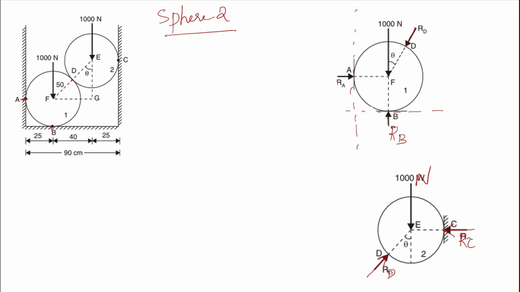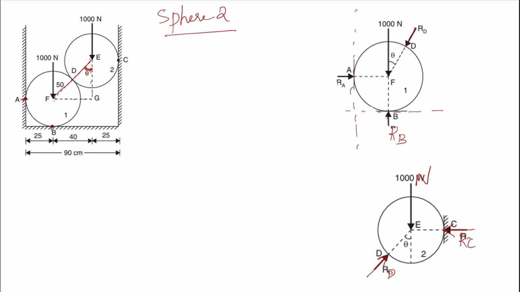Look at this figure, this is the direction of the RD force, right? We are making a right angle triangle here. We are dropping a perpendicular from E, and also extending a horizontal line from F, and we will get a right angle triangle here, and this is our angle theta. If we know this angle, we can resolve the force RD.